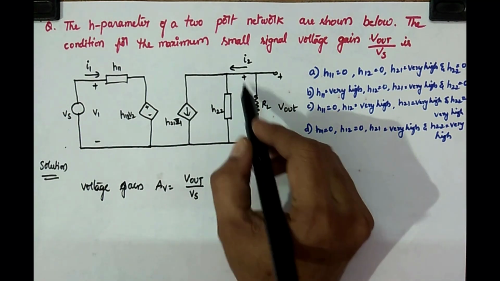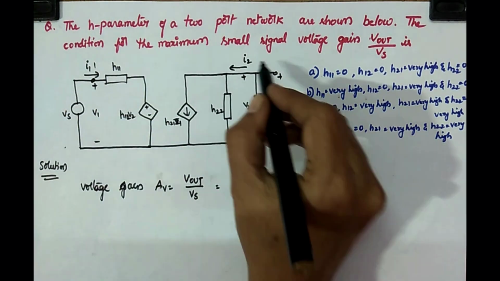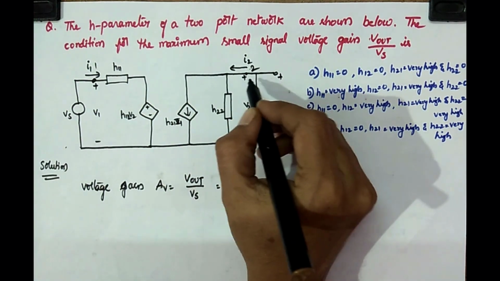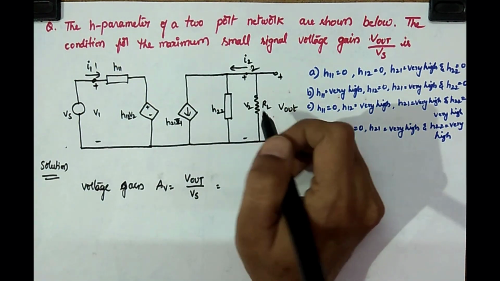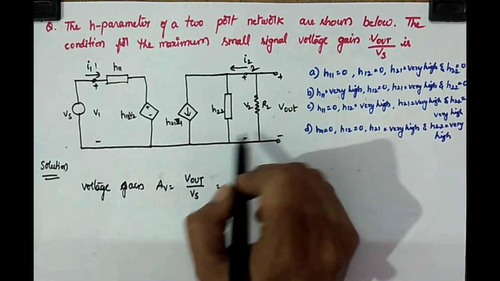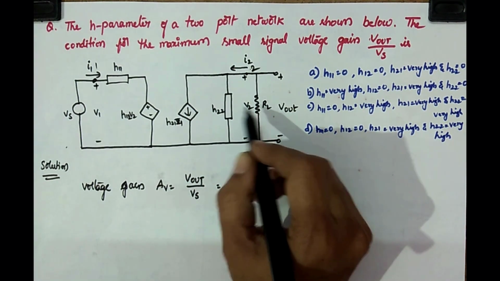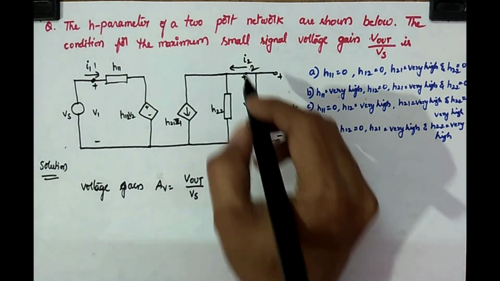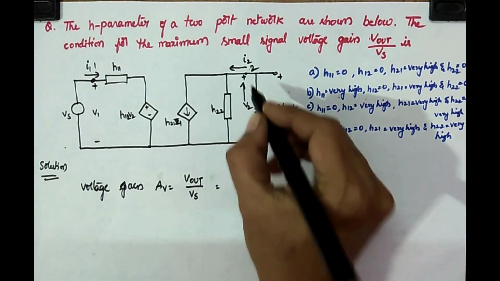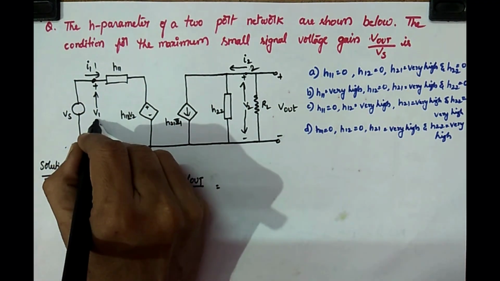This is port 1 and this is port 2. At port 1 we have voltage V1 and at port 2 we have voltage V2. On the port 2 side, you have two components, RL and H22. What is RL? Load resistance. To avoid confusion, let us indicate V2 and V1 like this.